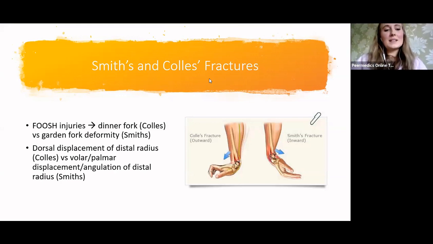Dinner fork deformity is Colles, and garden fork deformity, where it's going forwards, is Smith's. The better way of saying that is dorsal displacement of the distal radius if it's Colles, or if it's Smith's, volar or palmar displacement or angulation of the distal radius. So they're both just different types of distal radial fracture.